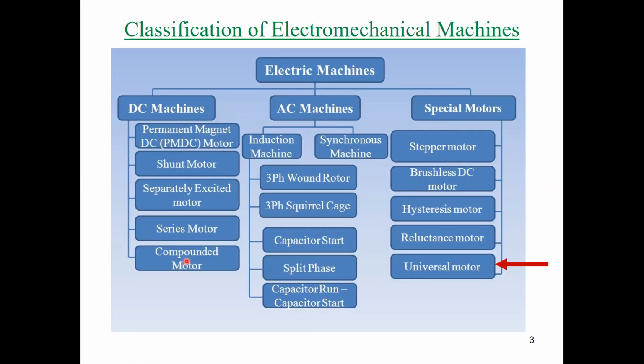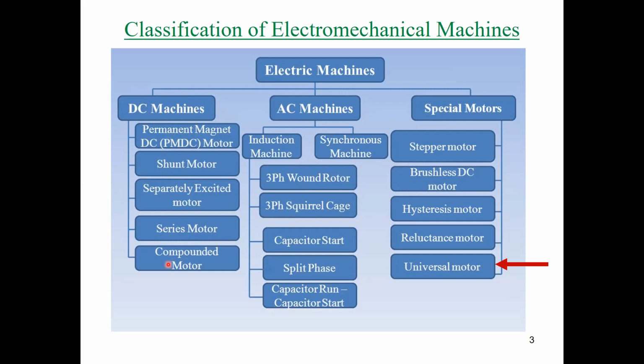We discussed in detail the shunt and separately excited motors. Permanent magnet DC motors we didn't describe in detail. However, they're used a lot in industry. The only difference between permanent magnet DC motors and the field-based DC motor is that we replace the field winding with permanent magnets.